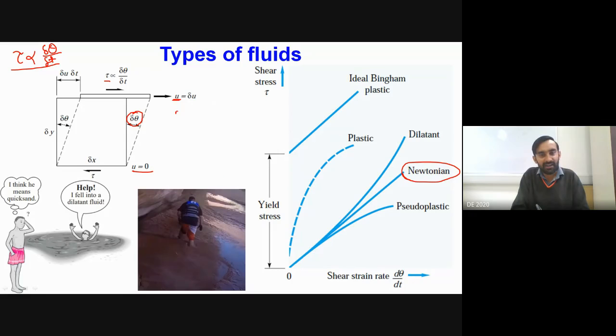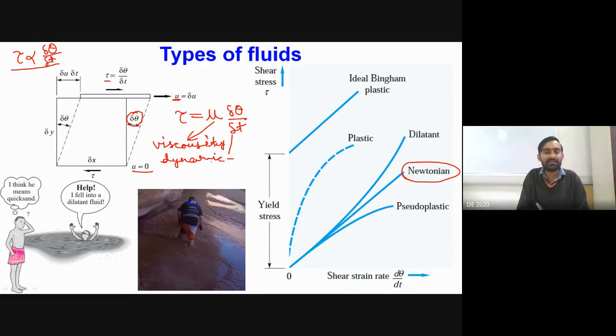If our relation is linear and we want to convert this proportionality into an equality, we get tau equal to some constant times del theta by del t. That particular constant is called viscosity, or more generally, the dynamic viscosity of the fluid medium.